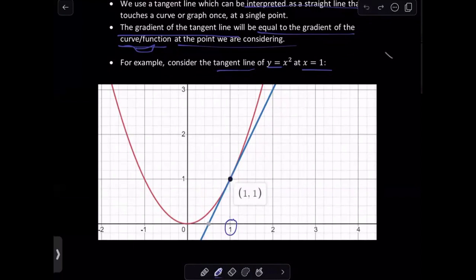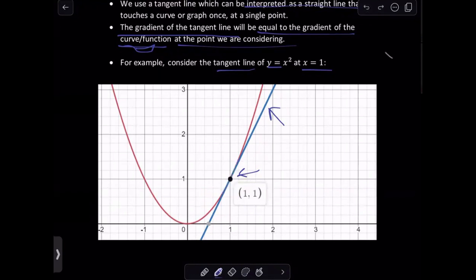Now, the blue line that I've drawn here, that line there, that is called the tangent line. Notice how it is touching the y is equal to x squared graph, the parabola, at the point 1 and 1, the point of tangency. And I want you to notice how the gradient of this blue line is exactly the gradient of the parabola at the point of tangency, at that 1 and 1.